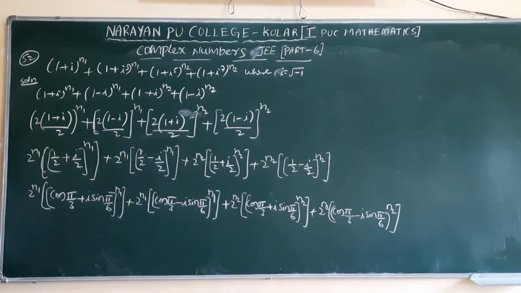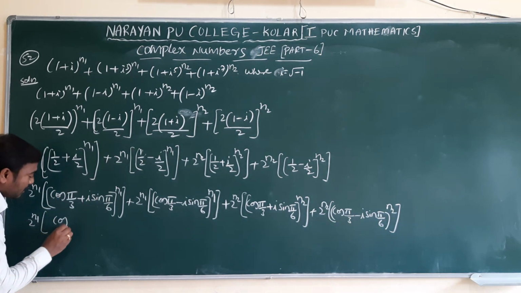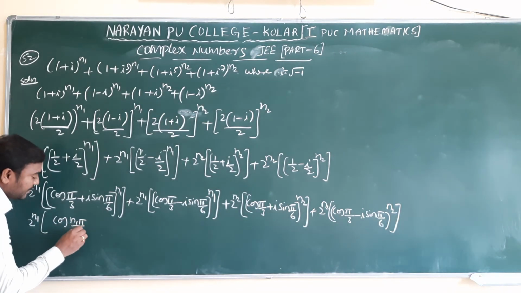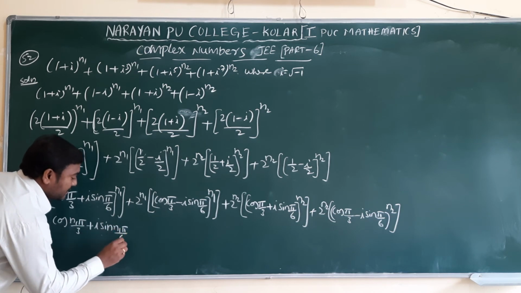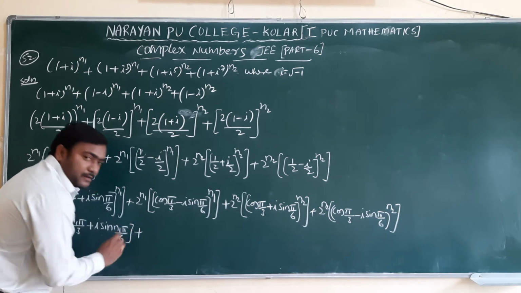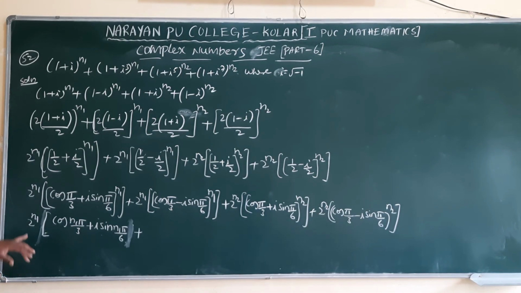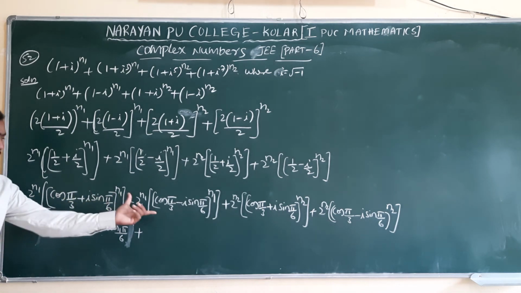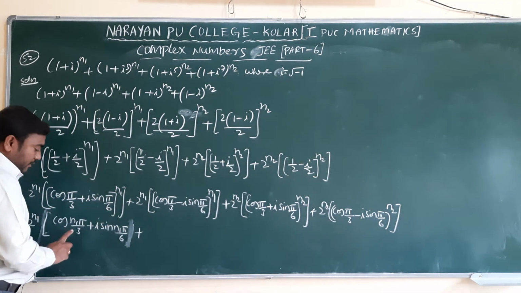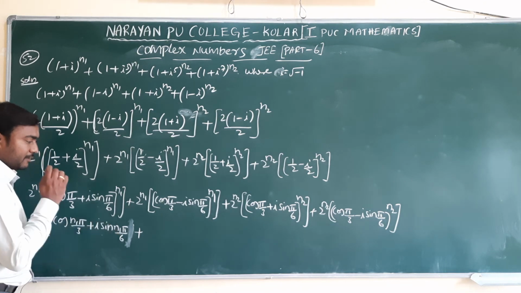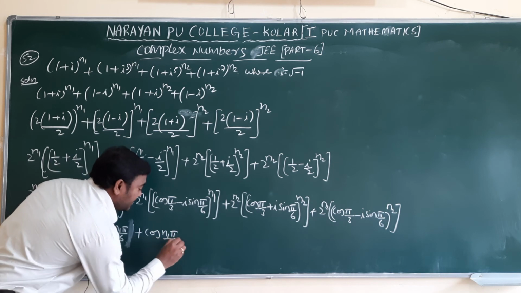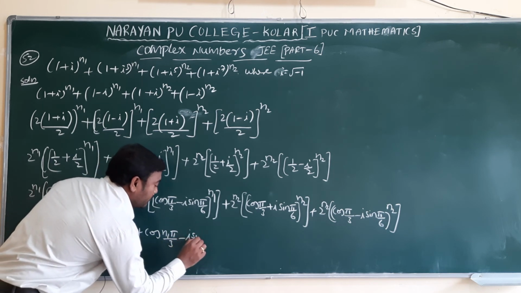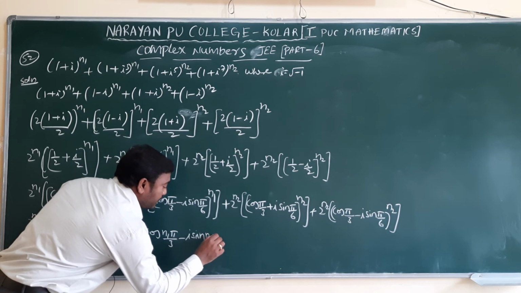Applying De Moivre's theorem here, we take 2^n1 common, and the remaining is cos of n1 pi by 4 plus i sin of n1 pi by 4 plus cos of n1 pi by 4 minus i sin of n1 pi by 4.